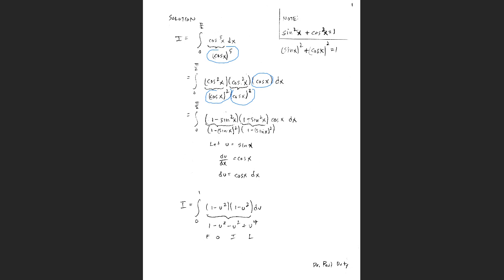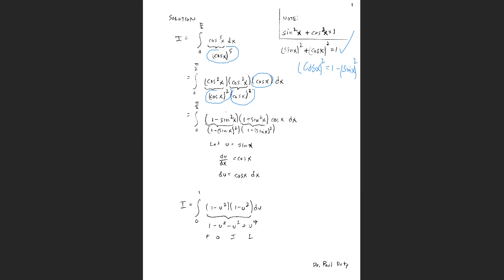Since sine of x squared plus cosine of x squared equals 1, that means the cosine of x squared would equal 1 minus the sine of x squared.